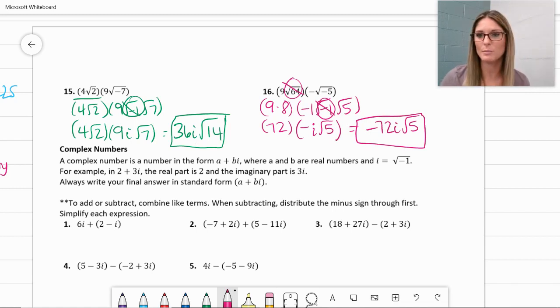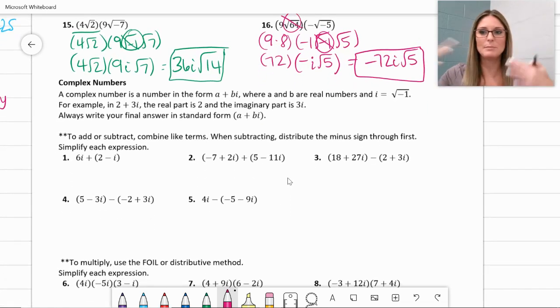So review those, practice those. Complex numbers, this is just building. This isn't anything new. Just a complex number is when we have 2 terms and there's imaginaries involved. So a complex number is a number in the form of a plus bi, 2 terms, where a and b are real numbers and still i is equal to the square root of -1.